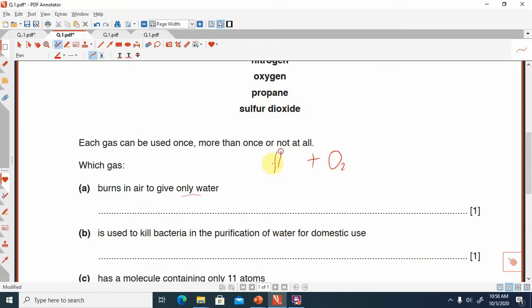Definitely there will be hydrogen. So when you react hydrogen with oxygen, or when you burn hydrogen in air, you will get water. So in this way we will balance this equation, and then we will write hydrogen here.